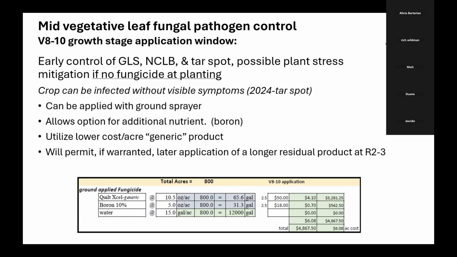Let's look at something a little less costly, which will allow us to push and have conditions conducive for higher disease pressure. We can come back in at a later time, an R2, R3 application, with a longer residual product.